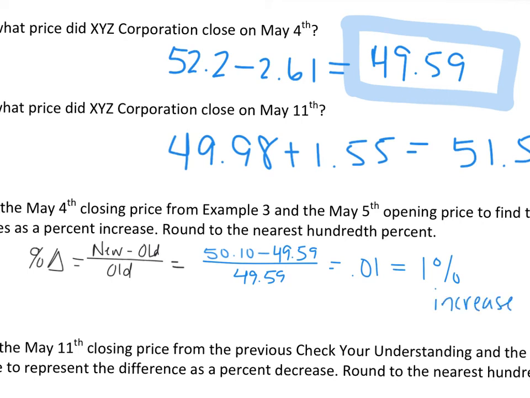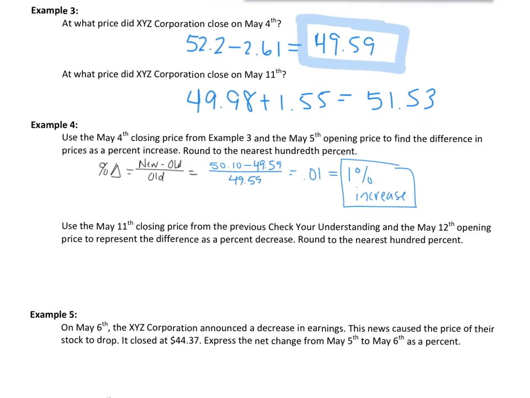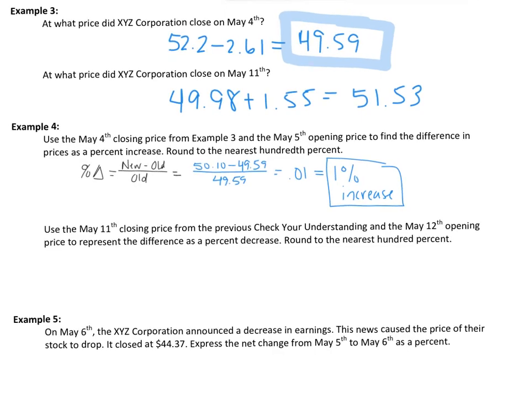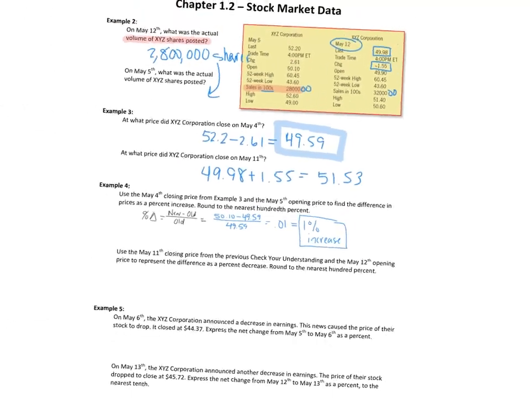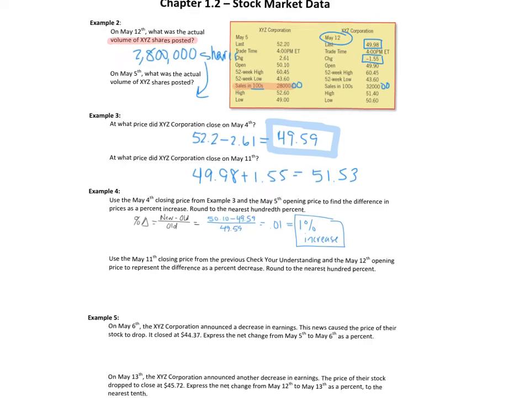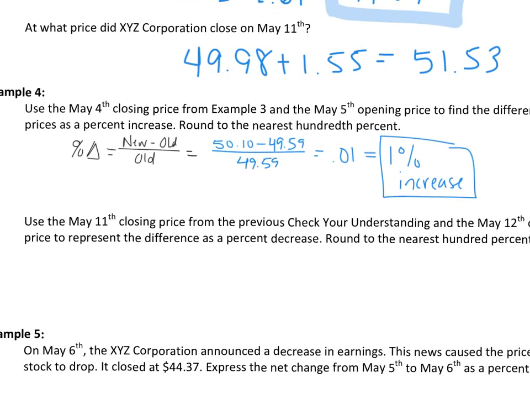And then the last one here, you do the exact same thing, but for May 12th, the opening price is 49.9. So the new price is 49.9. The closing price from the day before is right here, 51.53.